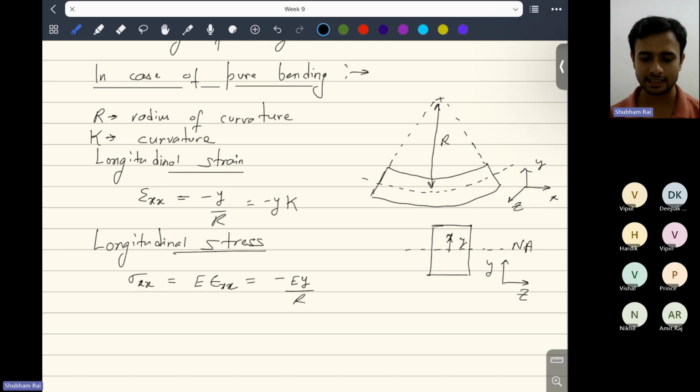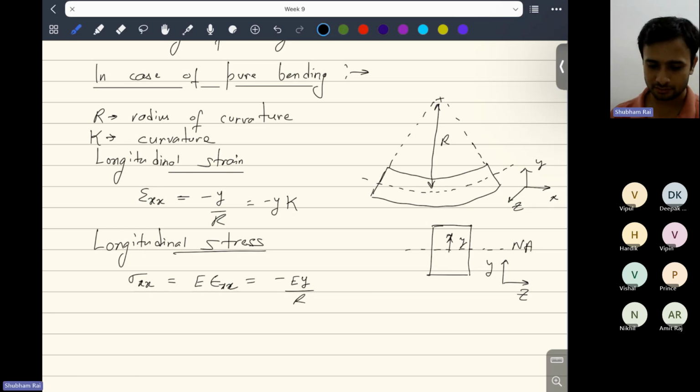As I increase the bending moment, what will happen to the radius of curvature? Will it increase or decrease? Yeah, so it will decrease because the beam will be bent more, and since there will be more bending, the radius of curvature will decrease.